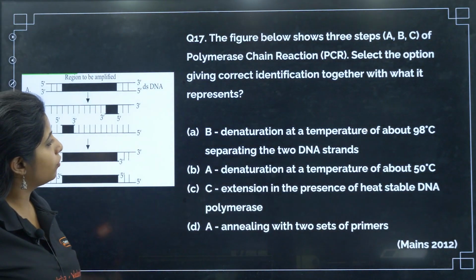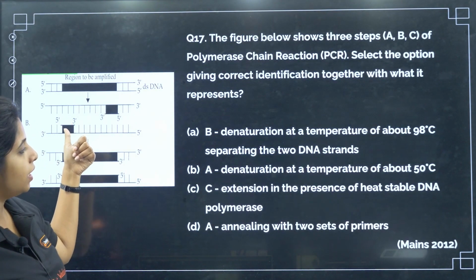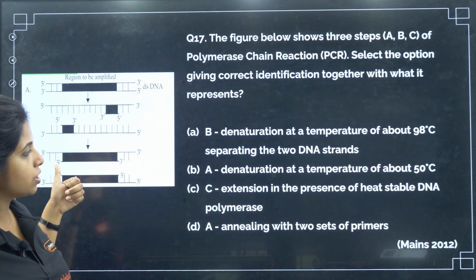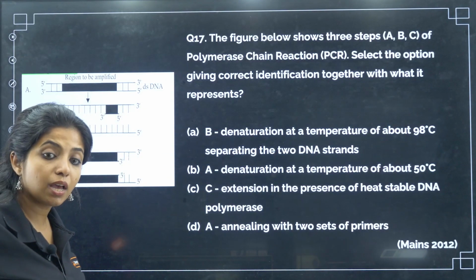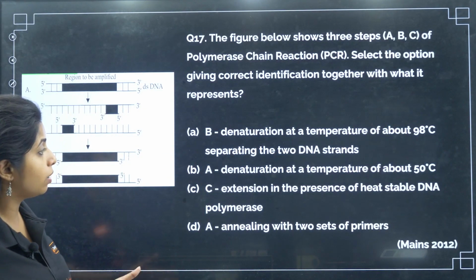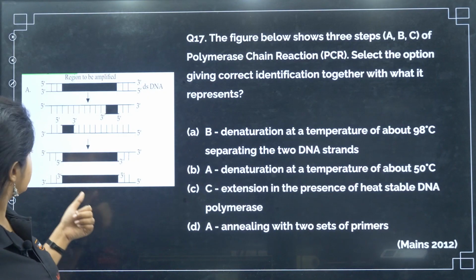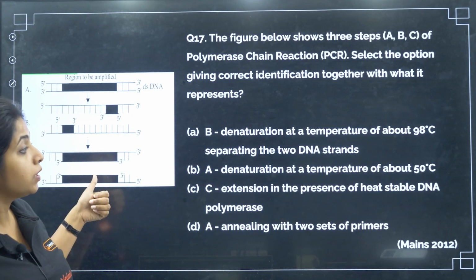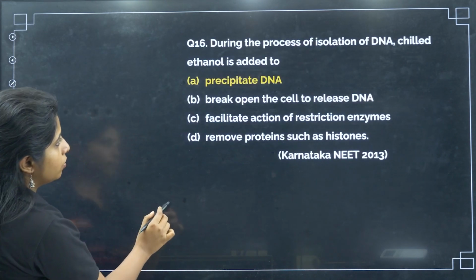Now over here, B is denaturation. Can B be denaturation? No. A is denaturation at a temperature of 50 degrees Celsius. Denaturation happens above 92 actually, so this is wrong. Now C, extension in the presence of heat stable DNA polymerase.